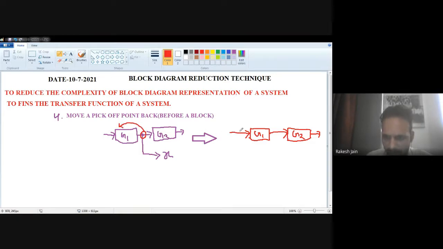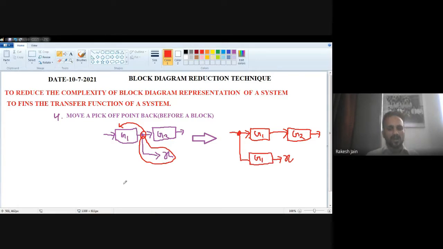Then what will happen? It will move because this is a rule that we can move a pick-off point before or after the block. But instead of X coming directly, because this line contains X with the arrow, it will come with the arrow X, but also the block also comes with it.